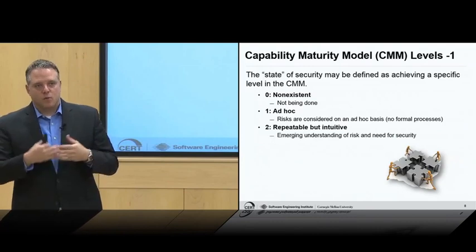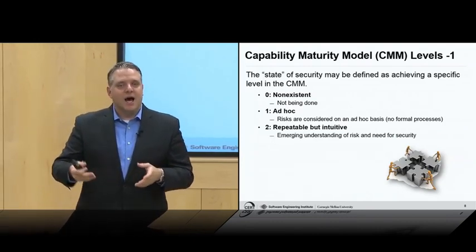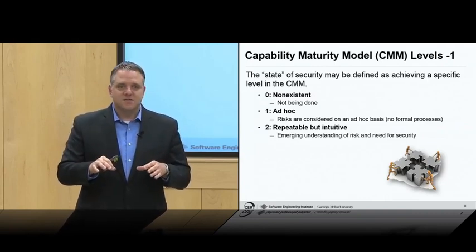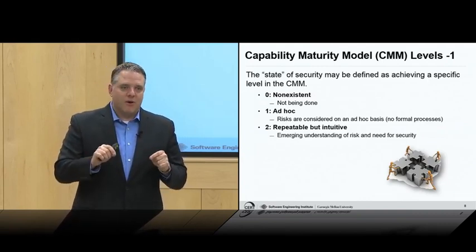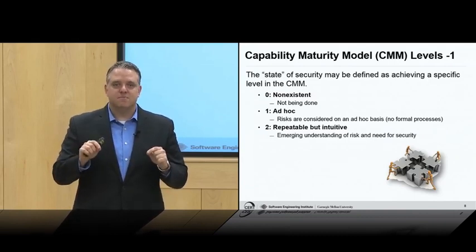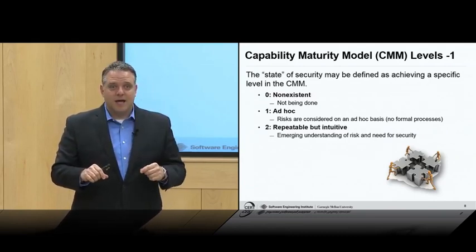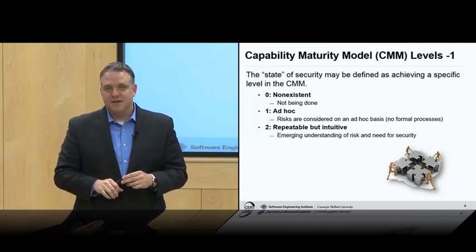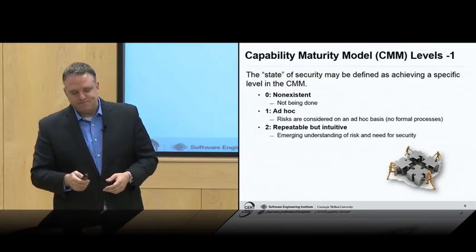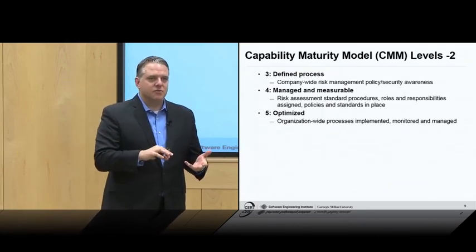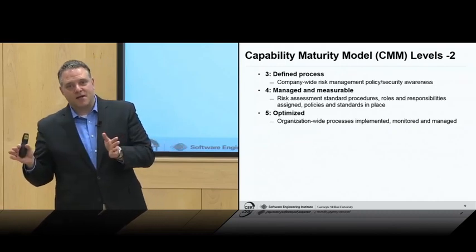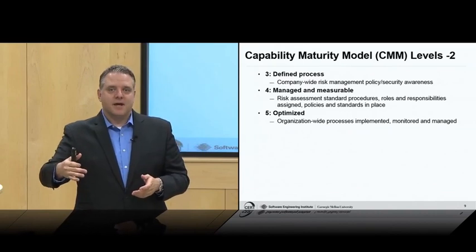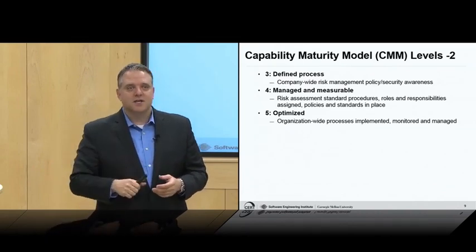Level 2 says repeatable but intuitive, meaning I have a good understanding of what the risks are, but when I sit down to do a risk assessment and I'm looking for how to do security in my organization, it's based on what's up here. If a bus were to hit me tomorrow, we wouldn't be able to do this process. And so that's maturity level 2. Maturity level 3 says, all right, well, we now have a defined process. So if Chris gets hit by a bus, then Bob can step in and take over this process for him.